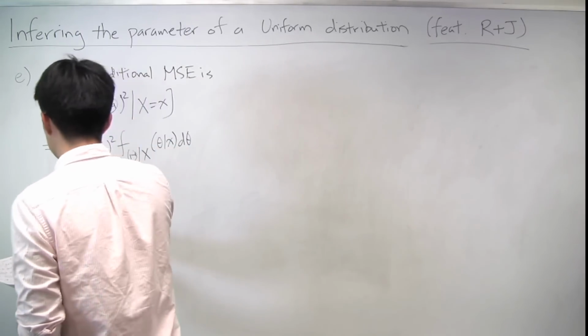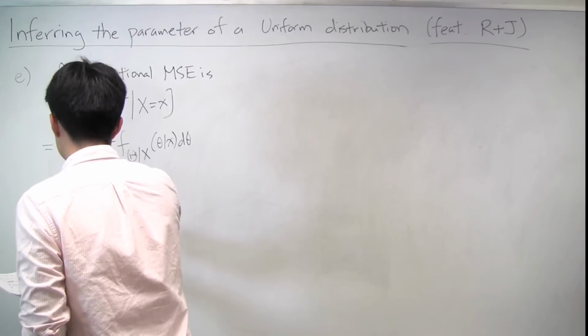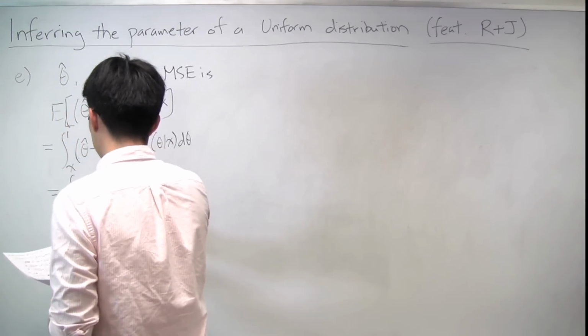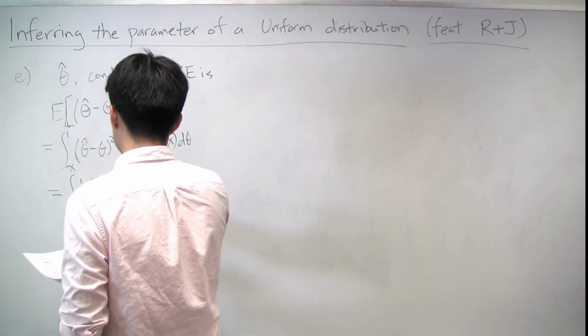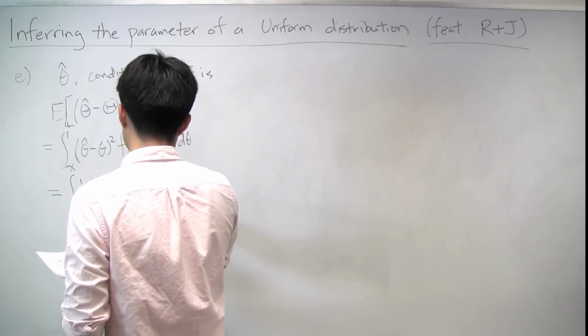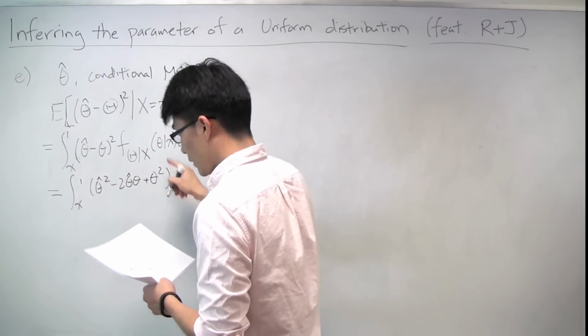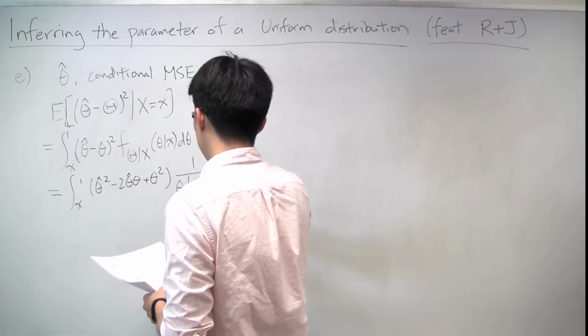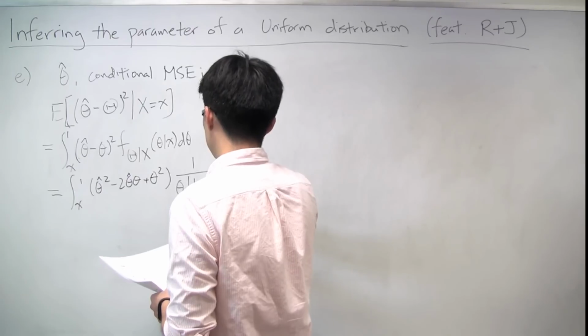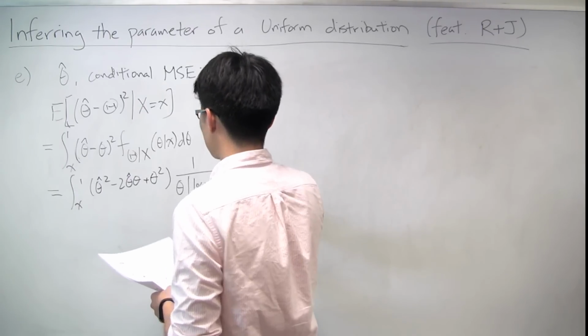Now we can go through some algebra, and this will tell us that this is theta hat squared minus 2 theta hat theta plus theta squared. And this posterior we know from before is 1 over theta times absolute value of log x d theta.